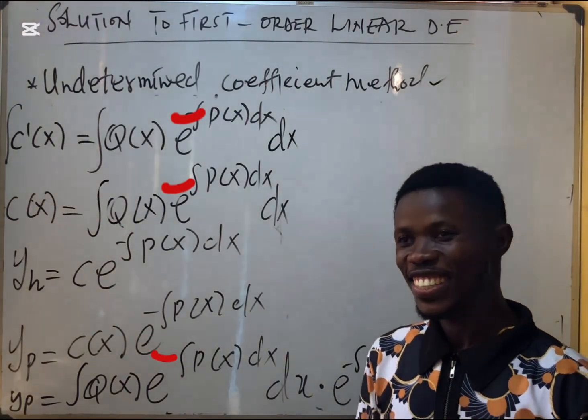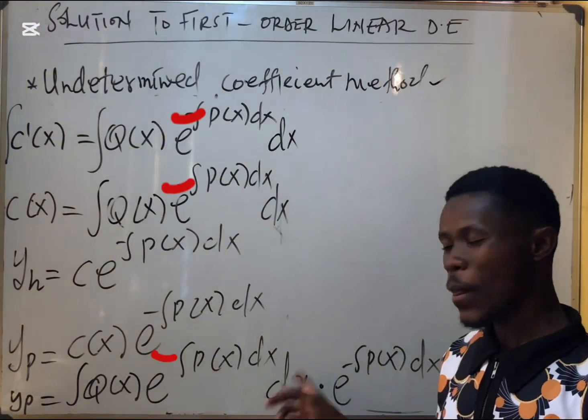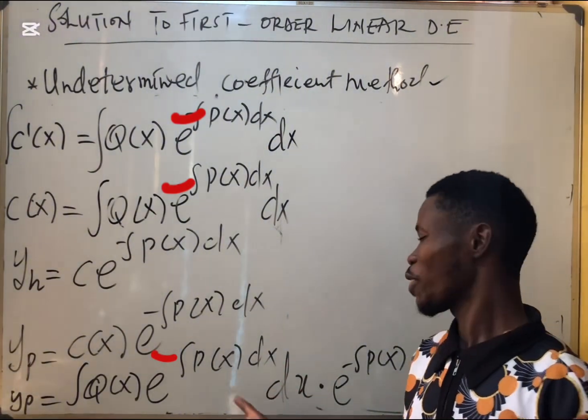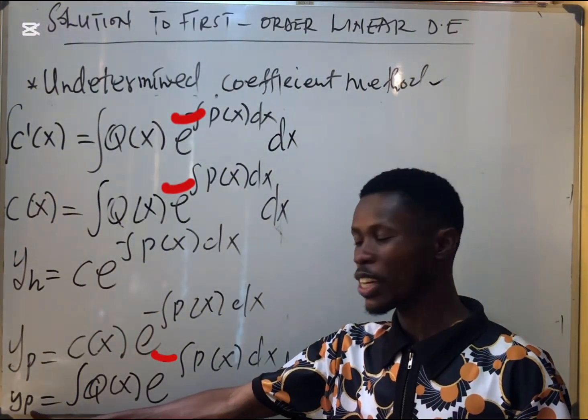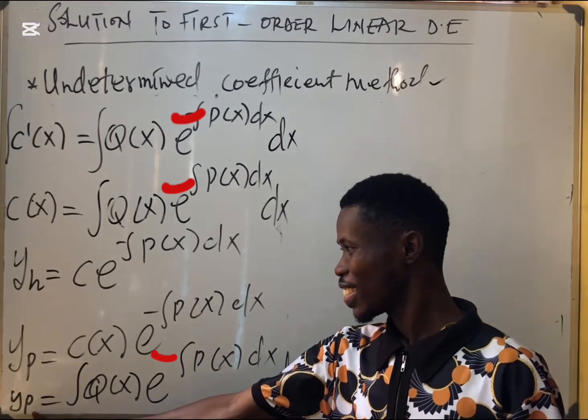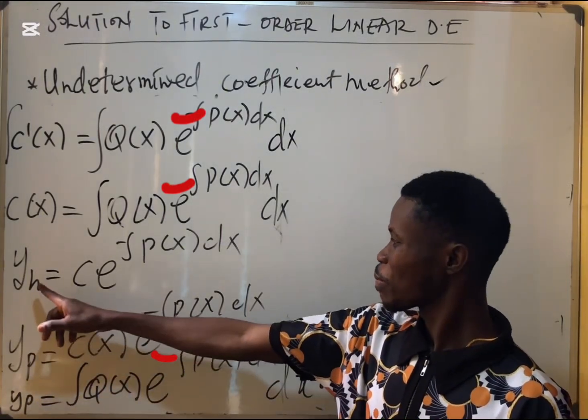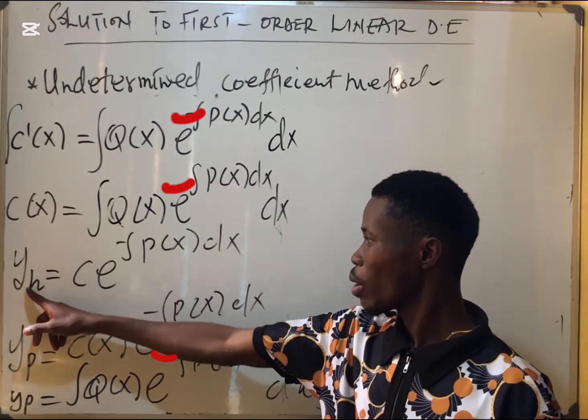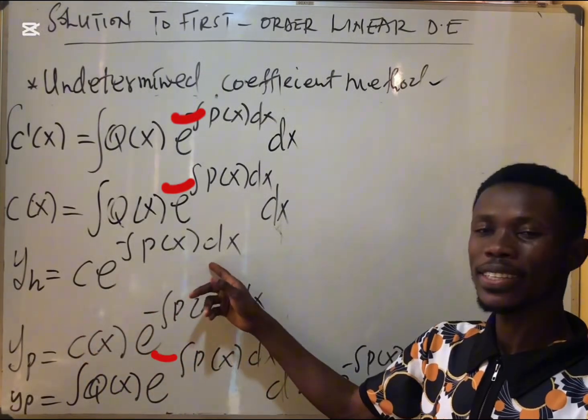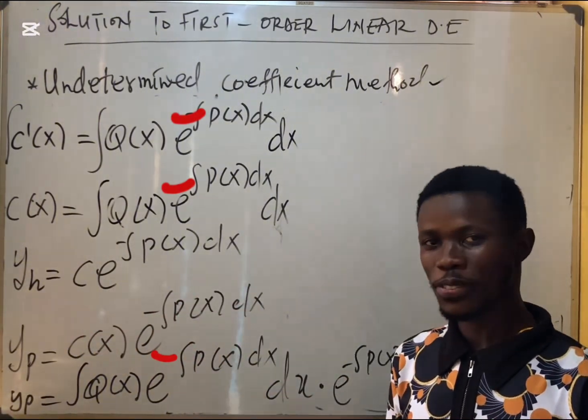Guys, this is the formula for y of p, the particular solution. And the formula for y of h is this one. I think it's very simple.